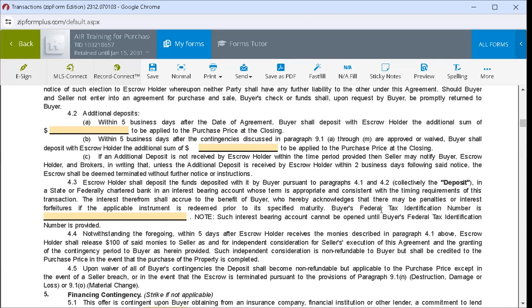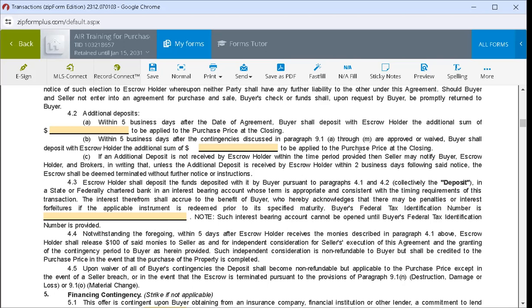So if you have an escrow company that you're using and maybe they don't use AIR contracts all the time, 4.3 is going to be an important paragraph to point out to them. So I always put E by them. So these are ones that you would be highlighting for your escrow officer to make sure they're following it. So escrow holder will deposit the funds that the buyer deposited into an interest-bearing account, in a state or federally chartered bank, okay?